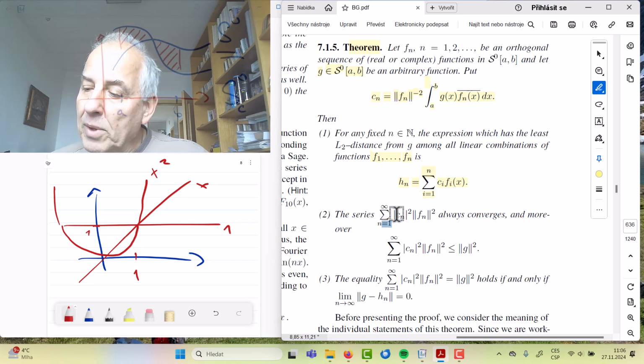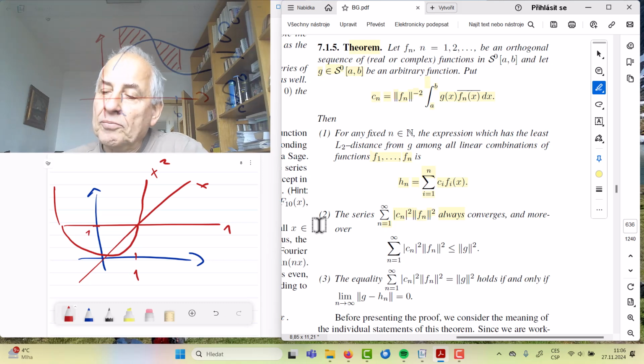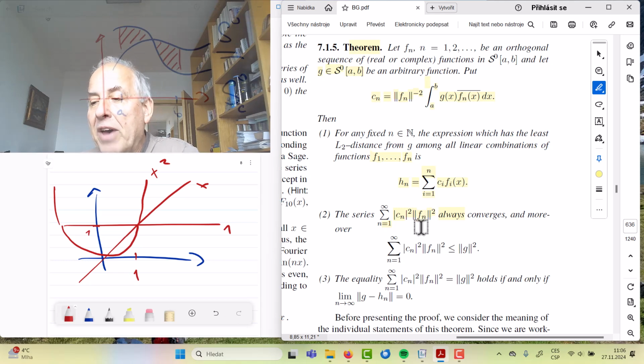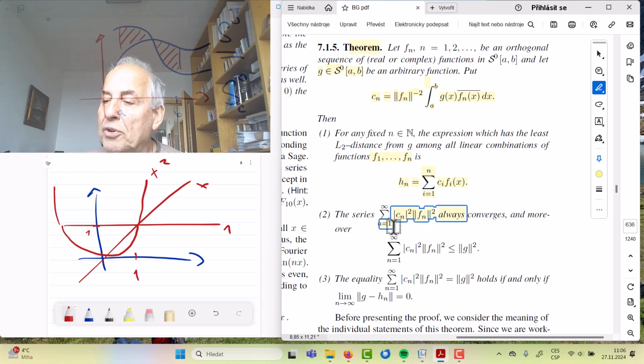Then a very interesting observation which comes up is that if I take a sum, now it's not a series, it's a sum of scalars, right? So I take the norms of the fn squared. If it was an orthonormal system, it would be just one here, and I take the squares of the absolute values of the constants Cn, and this sum always converges.